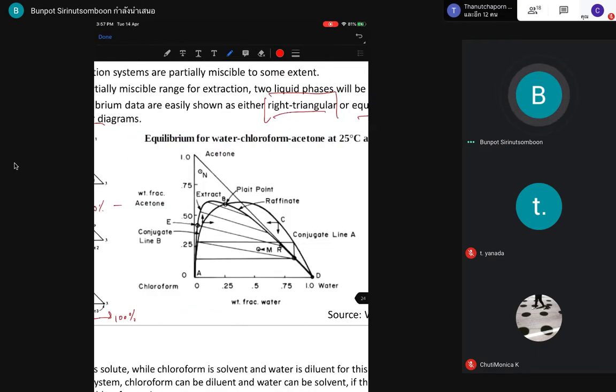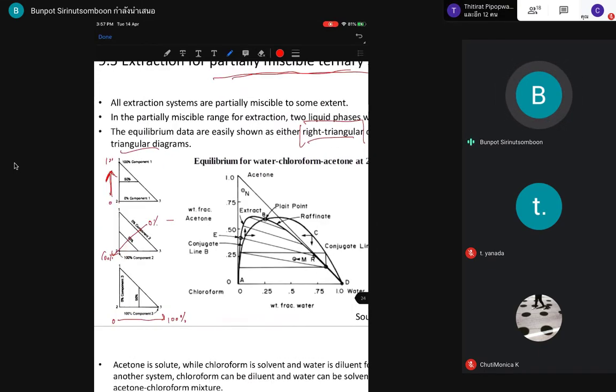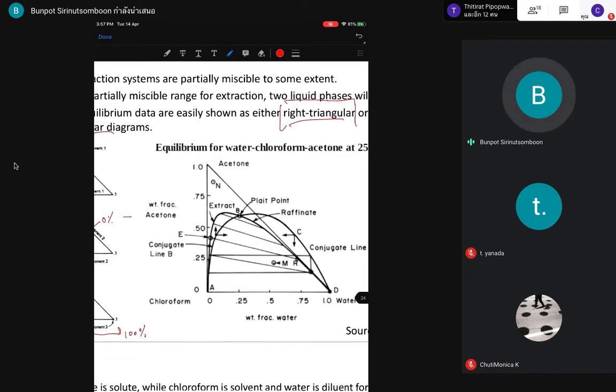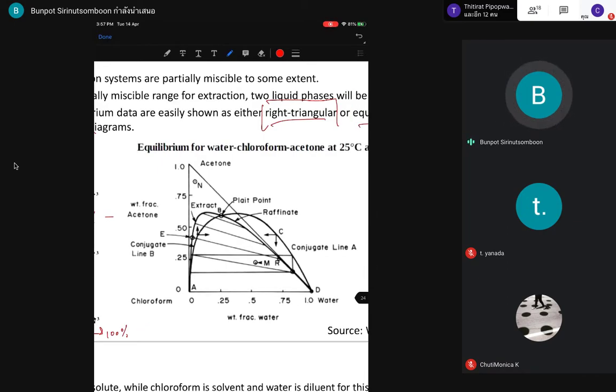Just like the example here, this one is water, chloroform, acetone. Let's say at this point right here, you're going to have 100% acetone, 0% chloroform, and 0% water.